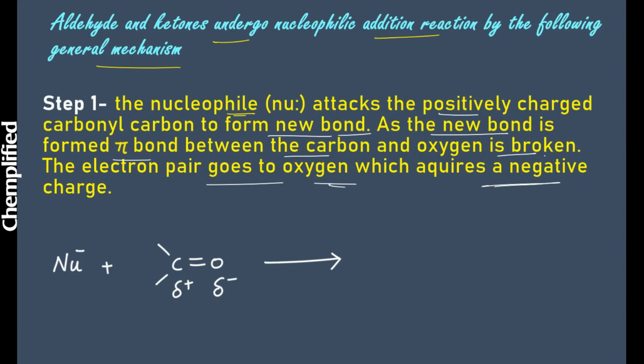How is this happening? Now this is your nucleophile. It will attack the positively charged carbon atom. Since these electrons are attacking the carbon, the pi bonded electrons will shift towards the oxygen, and you will get this kind of intermediate.